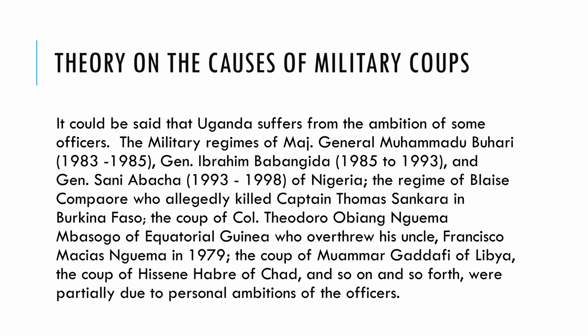Likewise, the military regimes of Major General Muhammadu Buhari, General Ibrahim Babangida, and General Sani Abacha of Nigeria, the regime of Blaise Compaoré, who allegedly killed Captain Thomas Sankara in Burkina Faso, the coup of Colonel Teodoro Obiang Nguema Mbazogo of Equatorial Guinea, who overthrew his uncle Francisco Macias Nguema in 1979, the coup of Muammar Gaddafi of Libya, the coup of Hissène Habré of Chad, and so on and so forth, were partially due to personal ambitions of the officers.